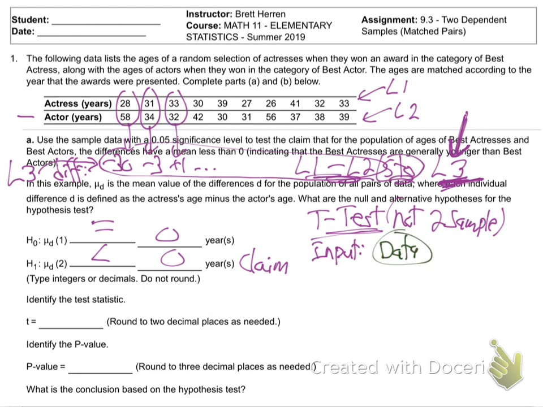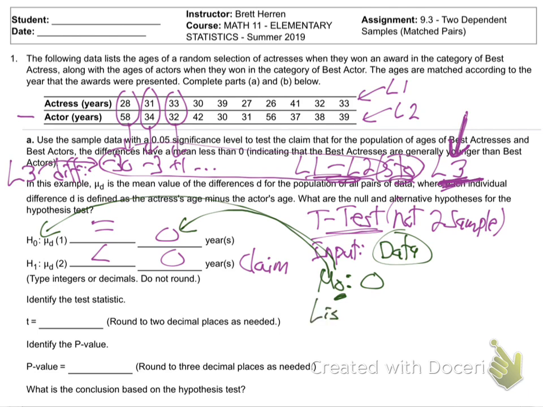Your input's coming from data. And your mu0, what's your mu0? Where do we always get mu0 from? What does that little 0 remind you of? The H0, right? You always get whatever number is at H0, that's going to be 0.